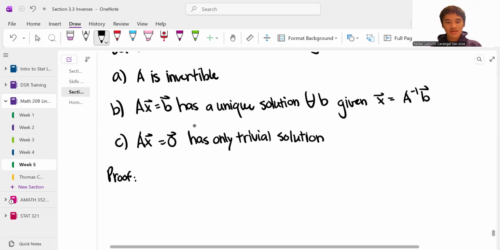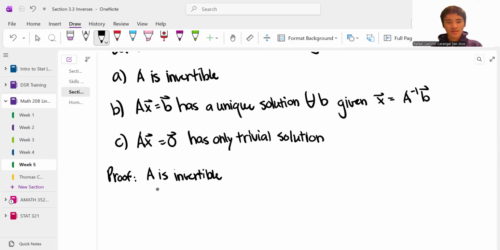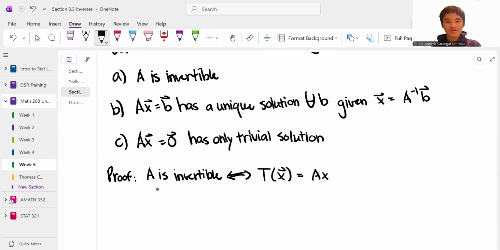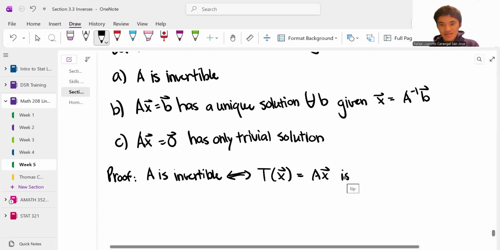So we're saying that A is invertible if and only if this T, this linear transformation, is equal to this, then we know it's a linear transformation. And we say that this linear transformation is invertible.